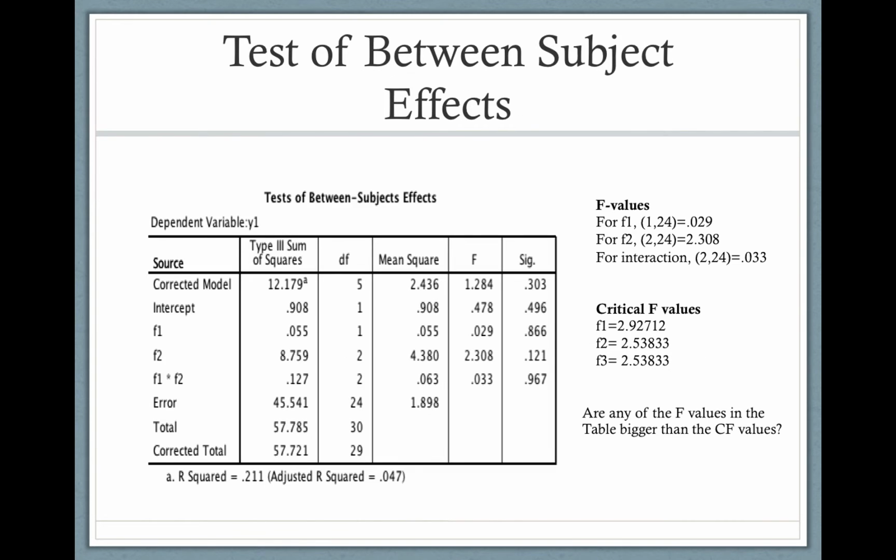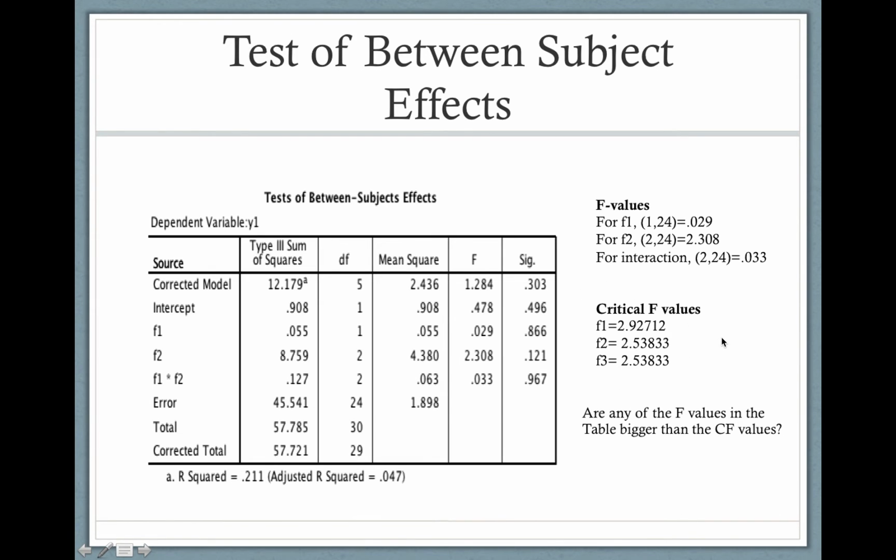When looking at the test of between subject effects, the F value for F1 is 0.029, and F2 is 2.308, and for the interaction, it's 0.033. So when looking at the F table online, the critical F values are noted on the slide here.